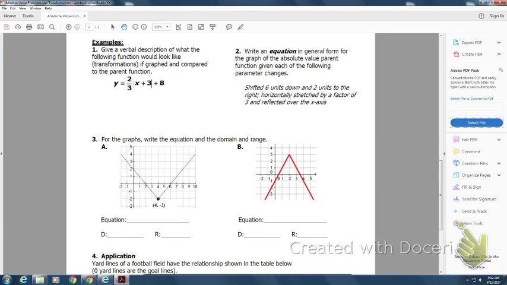Coming down here looking at these examples. So we need to be able to, given the equation, list the transformations. Given the transformations, write the equation. Mr. Upchurch, on number 1, what is one of the transformations there?